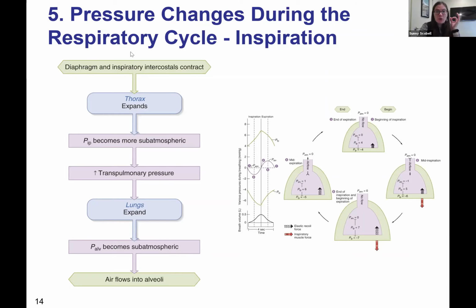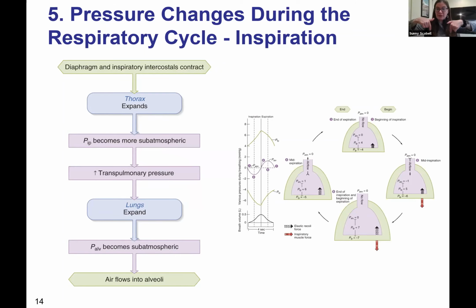So we contract the diaphragm and the inspiratory muscles. Let's do it again. We expand the thorax. As we expand the thorax, we pull open that intrapleural space. It pulls along and the pressure goes down in the intrapleural space.